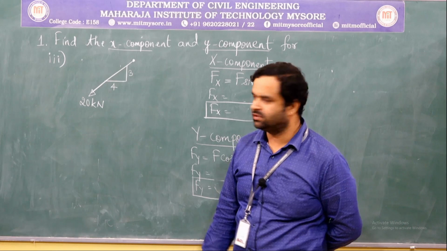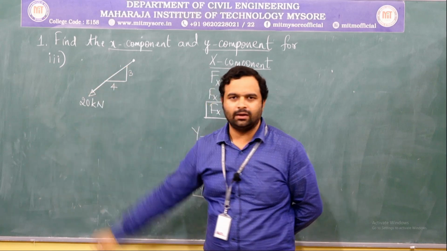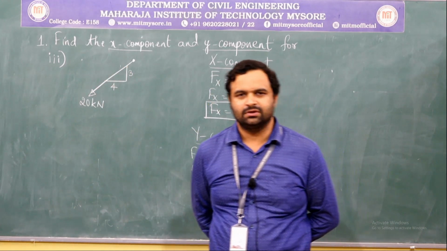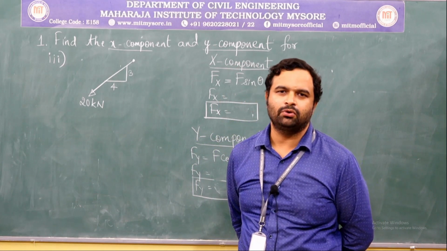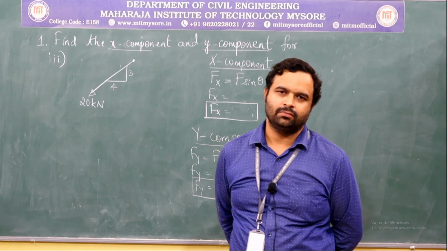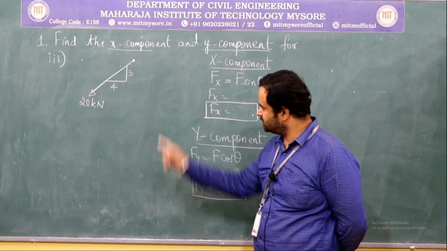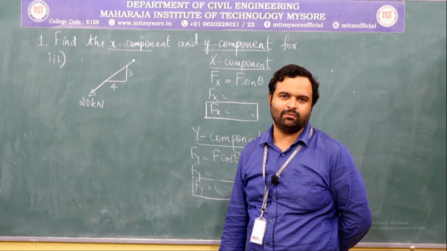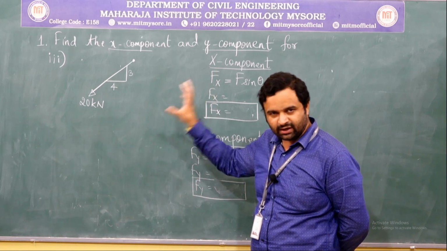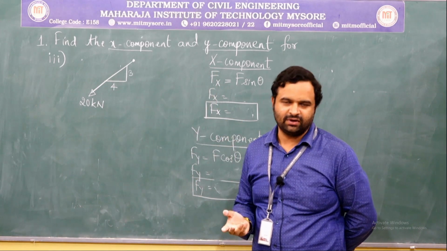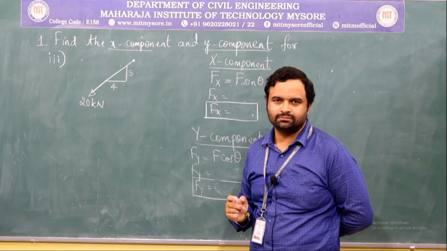If you have problems of this kind, and you observe a right angle triangle along the force, that means they are giving you a hint about the inclination. So, you need to calculate the inclination of this force based on the values specified in the right angle triangle. First consider the right angle triangle, then find the angle of inclination, then resolve with respect to the angle.